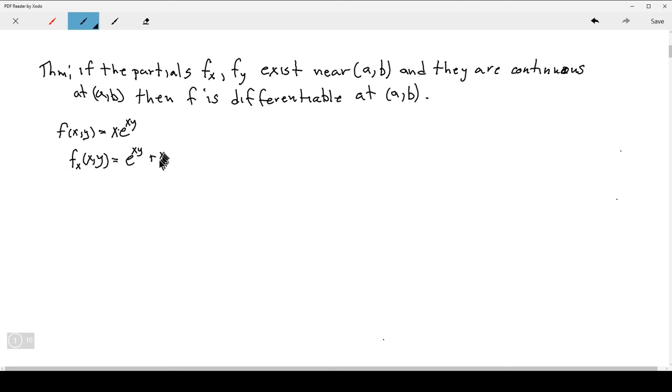And so that's going to be x e to the x y, times the derivative of x y with respect to x, which is going to give me a y there.